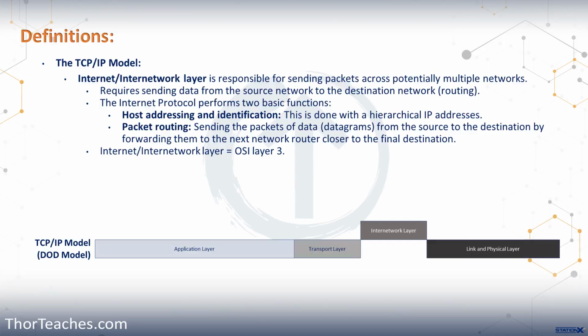This is where we add IP addresses, and IP addresses have 2 basic functions. First off, it is host identification and addressing. This is where each node has a unique IP address, so we know where to send the data, and then it does packet routing. We talked about that before when I went to my website. So if I type in my browser thorteachers.com, that is then translated to an IP address.